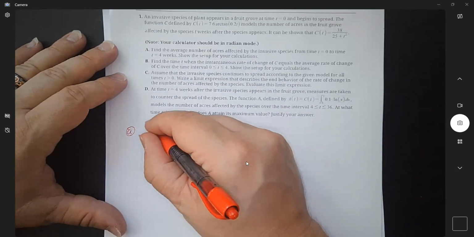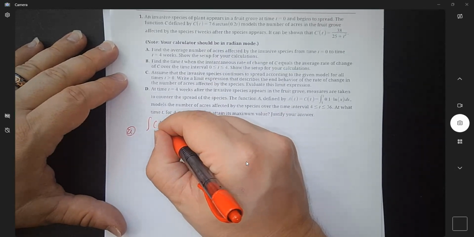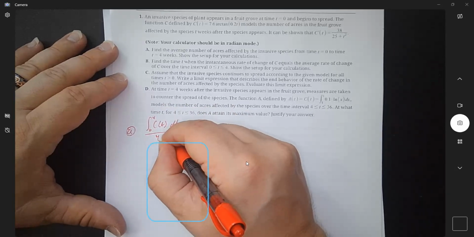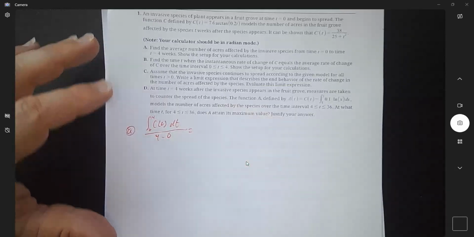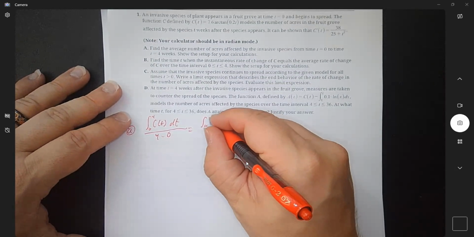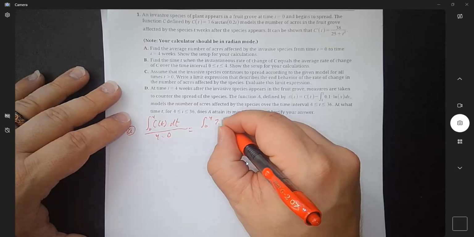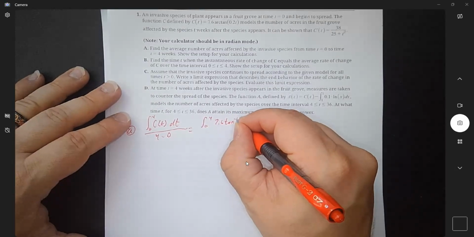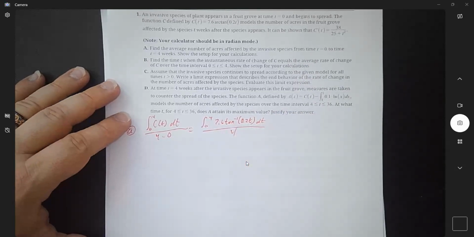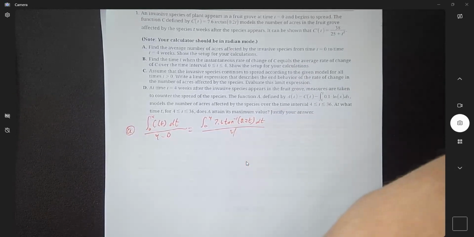So for A, we're going to take the integral of C of t dt from 0 to 4 over the interval 4 minus 0. Let me go ahead and show the integral from 0 to 4 of 7.6 inverse tangent of 0.2t dt, all over 4, basically, right?